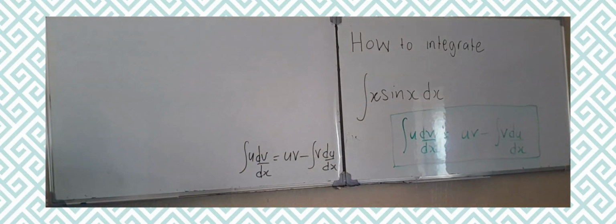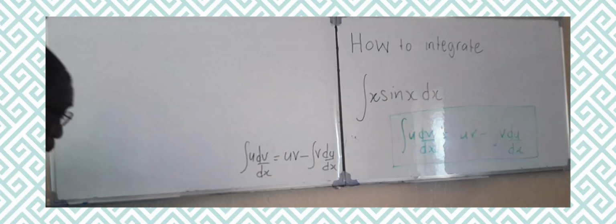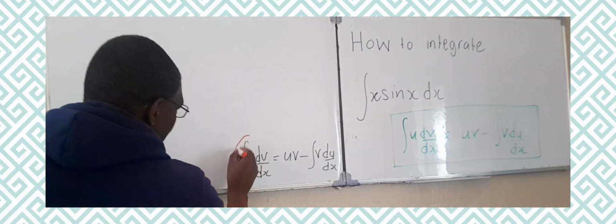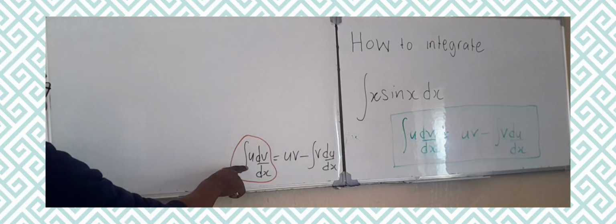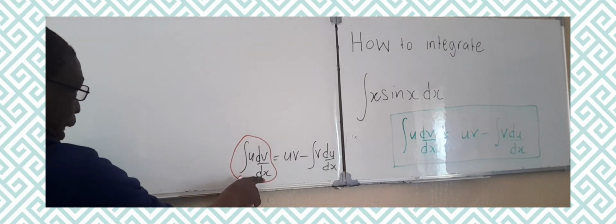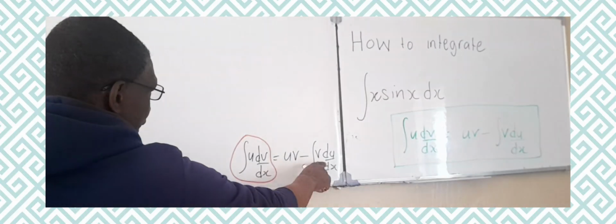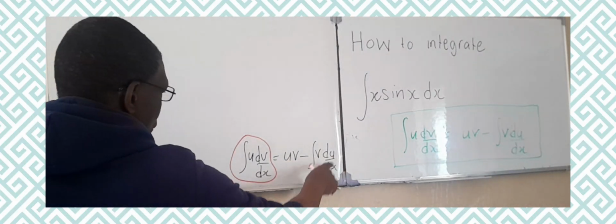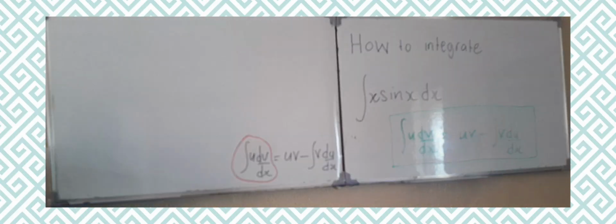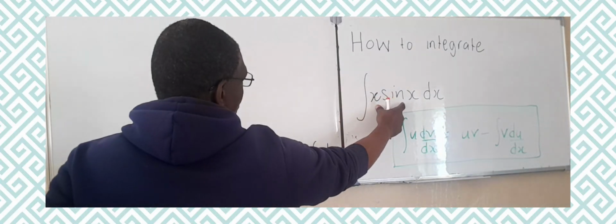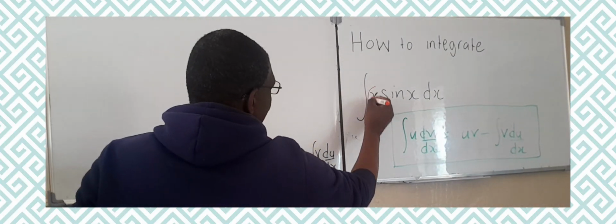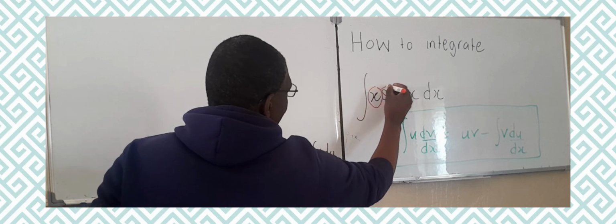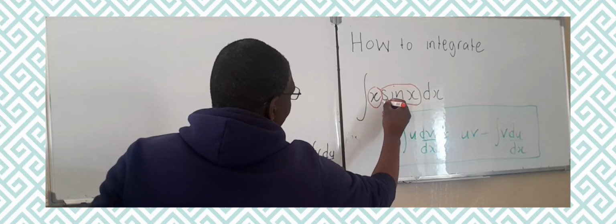Now, notice here that on this part here, let me circle it in red, it is being expressed as u dv/dx. Over here, we have v du/dx. You start off with a product of two functions: the function here, which is x, and the other function here, which is sine of x.